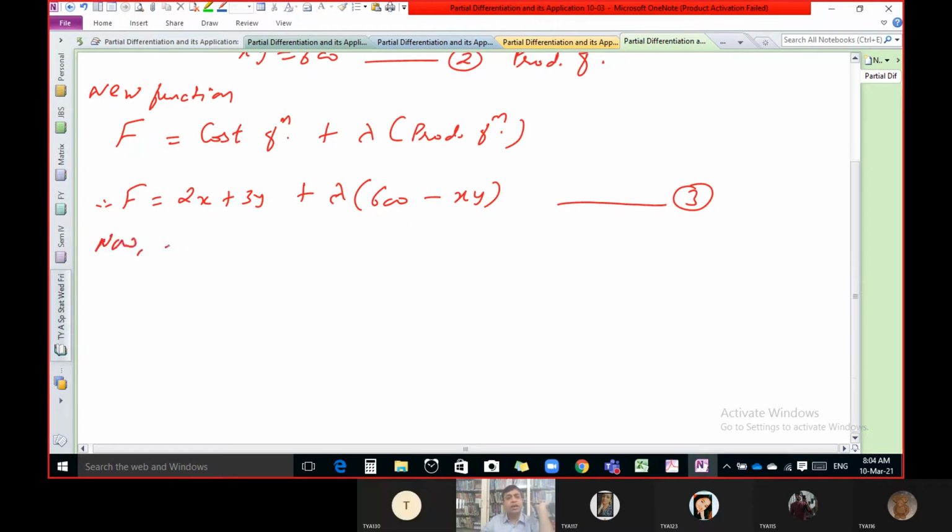Differentiate this F with respect to x, keeping y constant. So it is a partial differentiation. Now tell me the derivative.